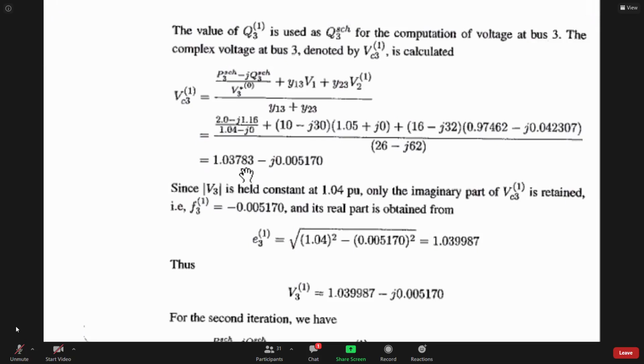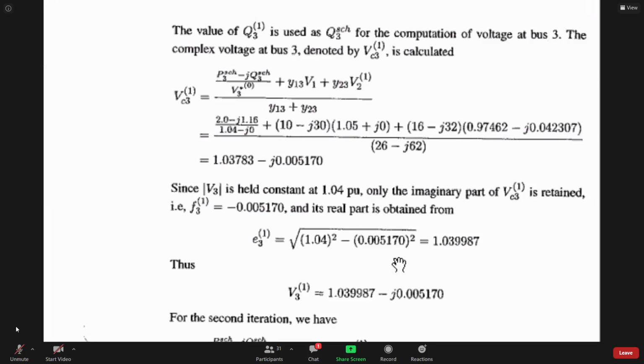So V31 will not be the calculated value like this, but the adjusted real component within the error limit. This real component should be put there instead of the calculated real part, and the imaginary part will be the same.